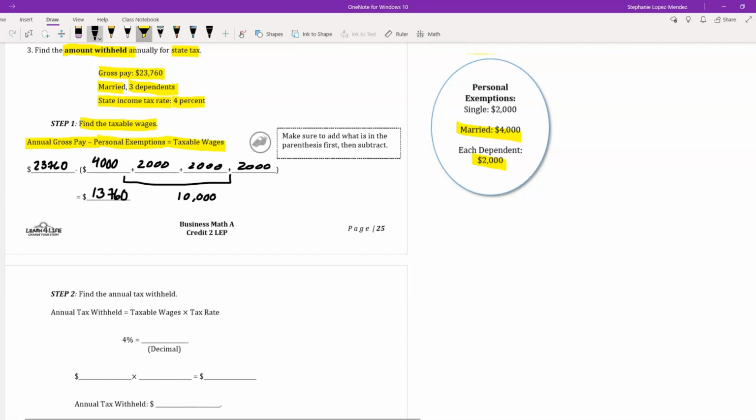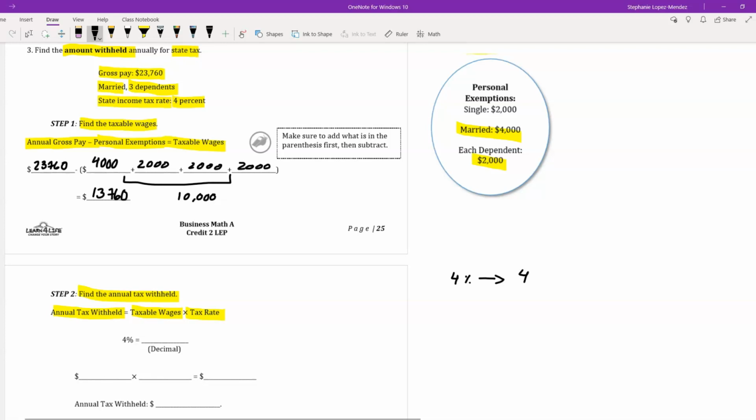Now we go to our step number 2, and we need to find the annual tax withheld. Again, our formula for this is annual tax withheld equals taxable wages times tax rate. We first need to convert the percent to a decimal. So I have 4%, which is our state tax rate.